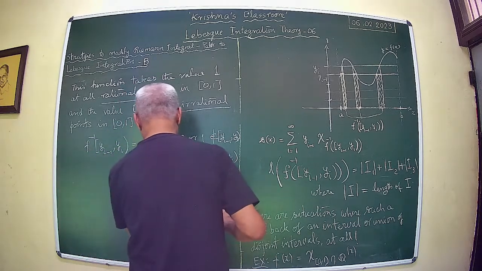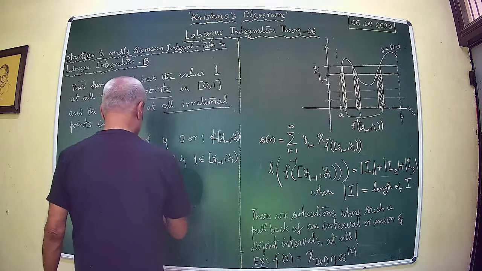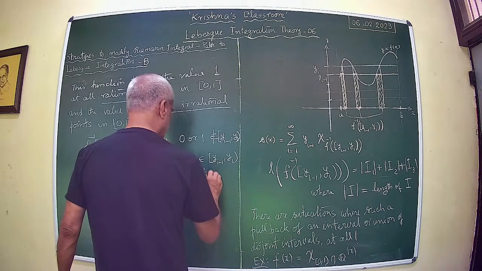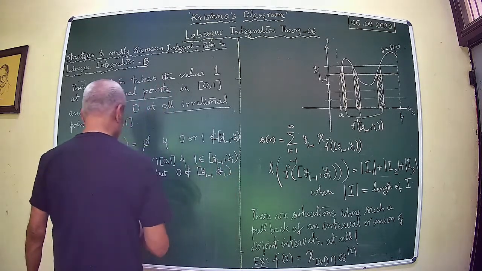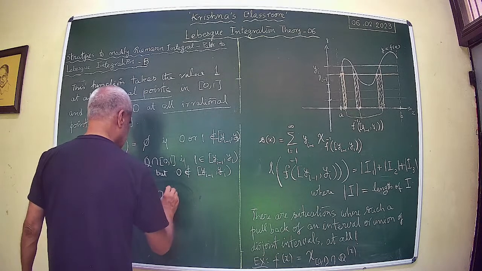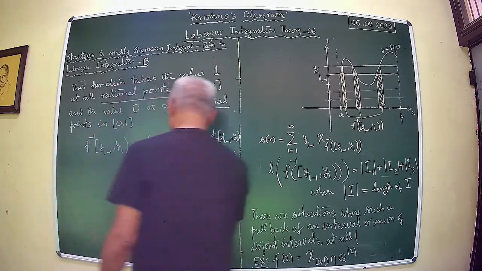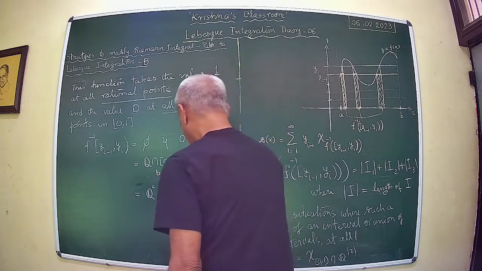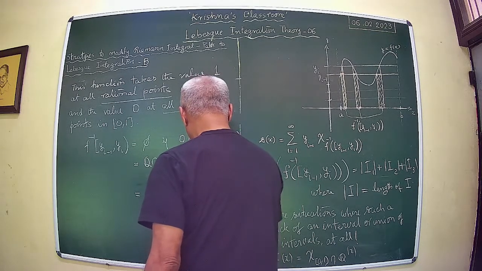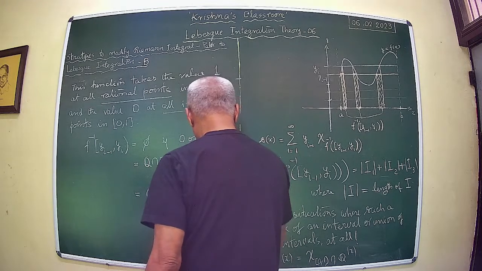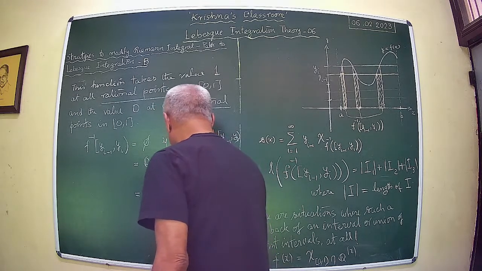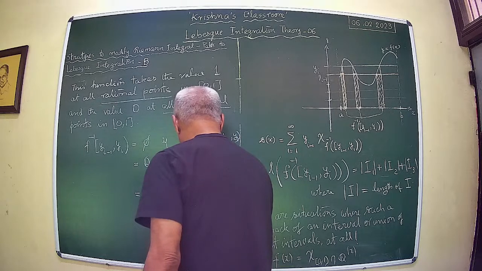Q complement intersection 0, 1, that means the set of all irrational points, if 1 does not belong to yi minus 1, yi, but 0 belongs to it.